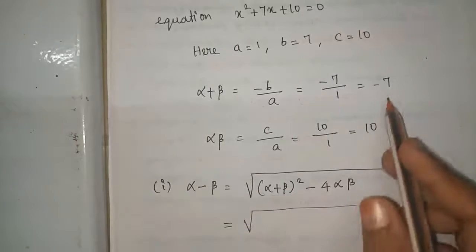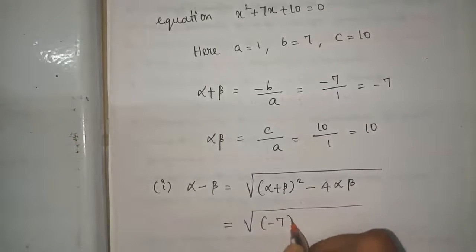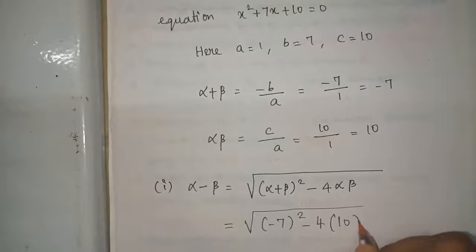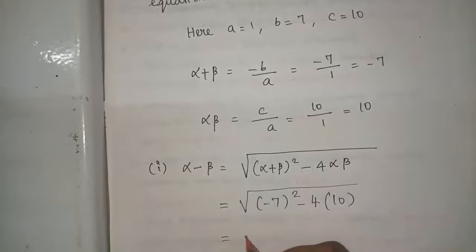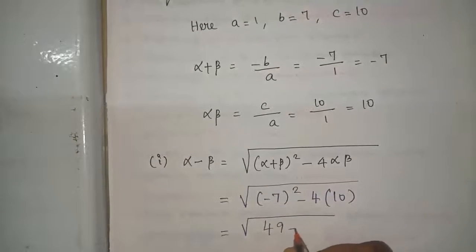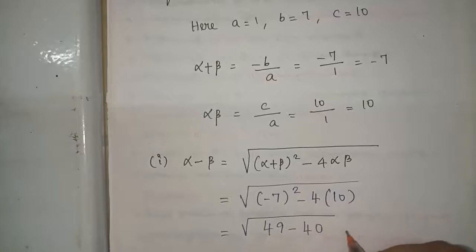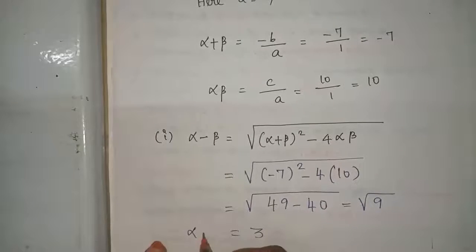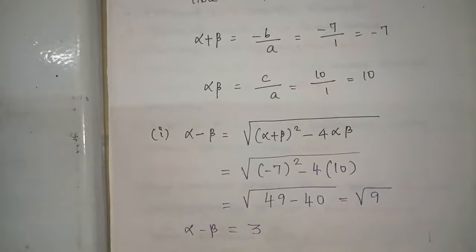So alpha plus beta is minus 7, the whole square, minus 4 into alpha beta value, which is 10. So it is equal to root of 49 minus 40, which is equal to root of 9, which is nothing but 3. So alpha minus beta is equal to 3.